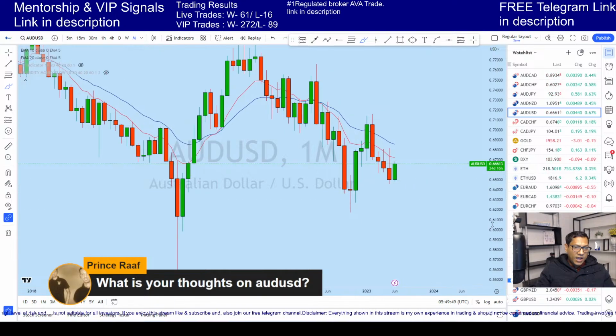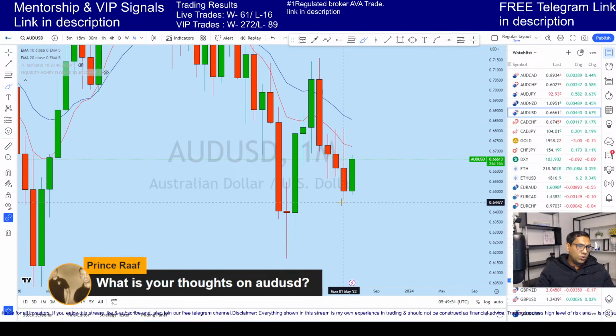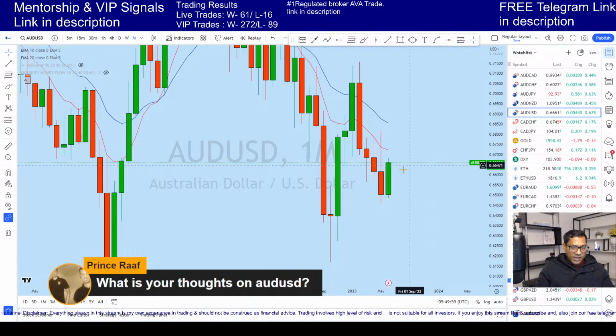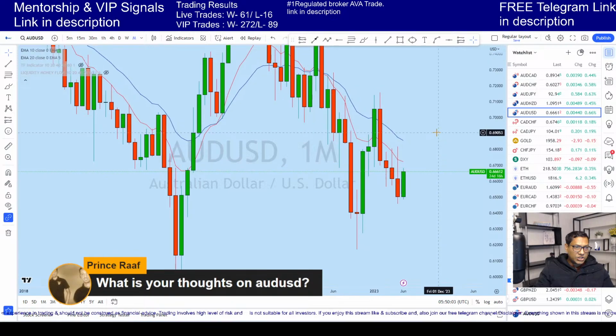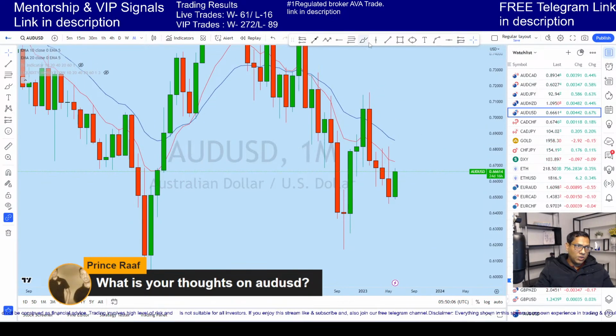With that higher low formation, AUD USD had a bounce to the upside. With that bounce, as the market is not showing any kind of bearish price action, we can expect AUD USD to move to the upside. And in that case, what I think is that AUD USD highly likely will break this monthly resistance line.